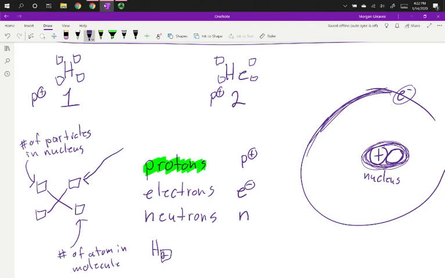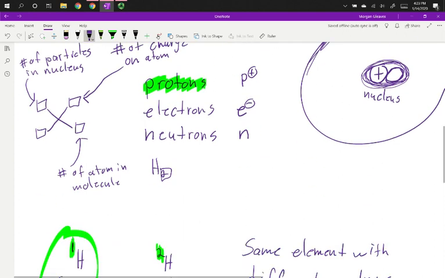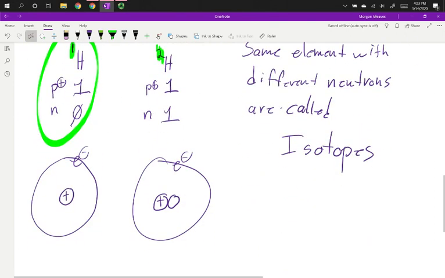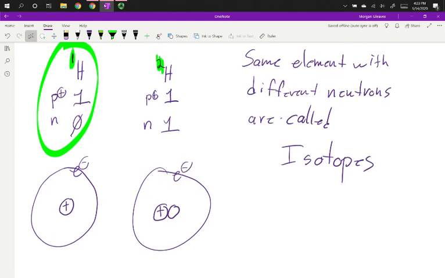Let's talk about the top right. The top right is the charge on the atom. So let's think about these again. Charge means our overall pluses and minuses.